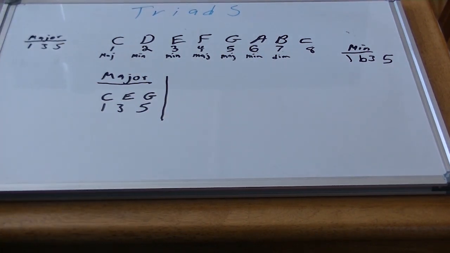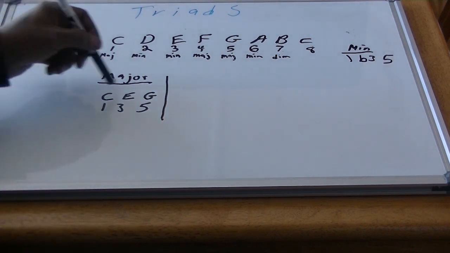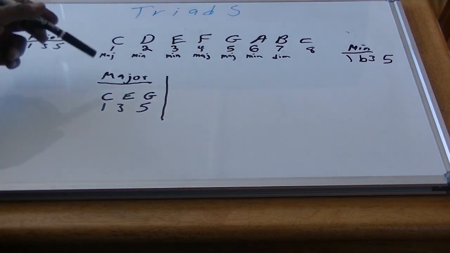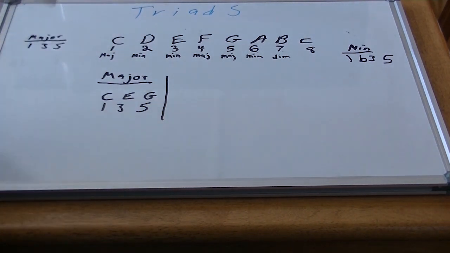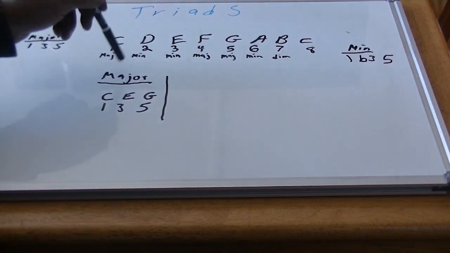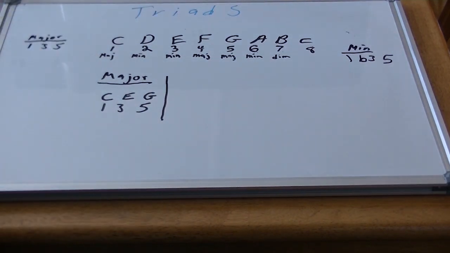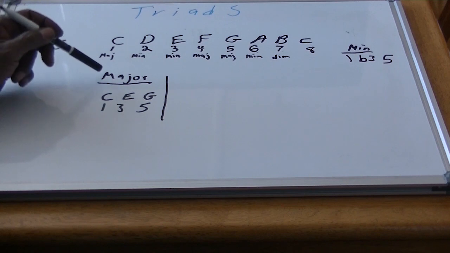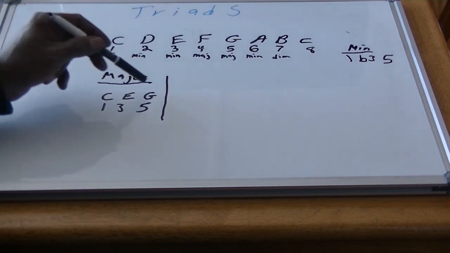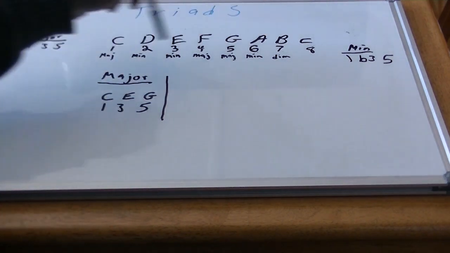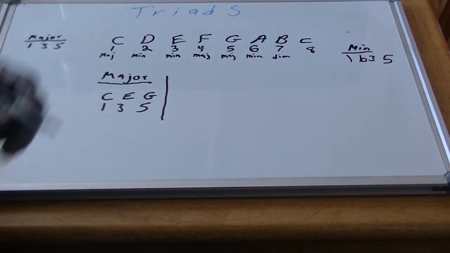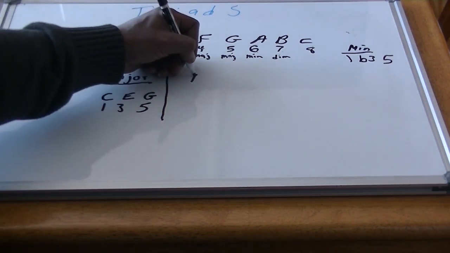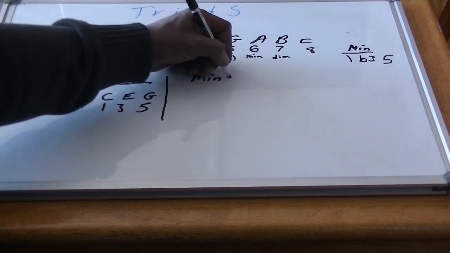It's an important observation that for this major triad, all the notes of the chord come directly from the major scale. And I'd be willing to bet, because I'm not an expert on music theory, that that's the reason the chord is named major, because the notes of the chord come directly from the major scale.